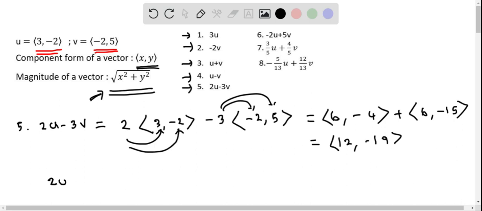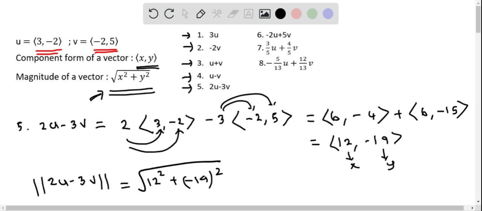Now let's find the magnitude of 2u minus 3v vector. Consider 12 as x and minus 19 as y. So therefore we can use the formula for magnitude, and when we do that, we get 12 squared plus minus 19 quantity squared. We have to put this under the square root.